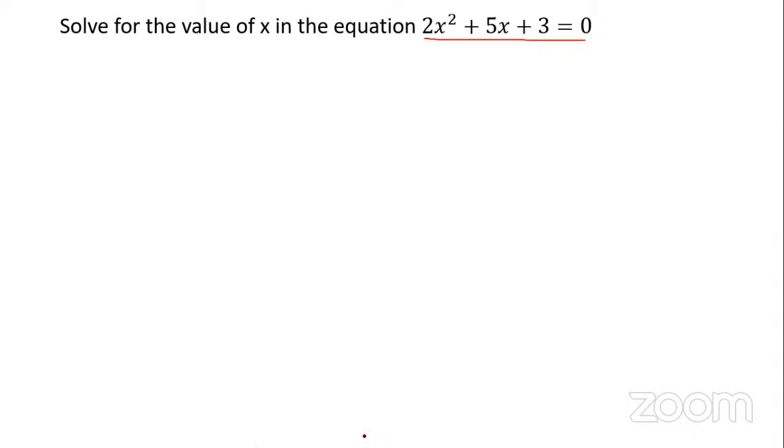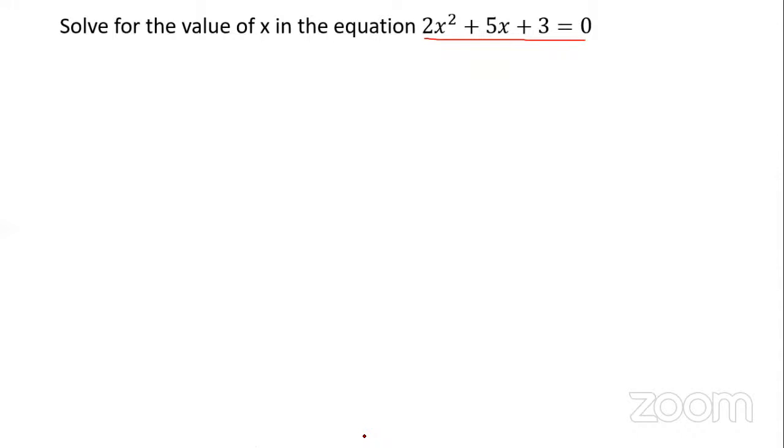Okay, thank you. Which other difference are we able to see? Another thing here, they didn't tell us to factorize. They've just told us to solve for the value of x. I think any method we use here will be applied.